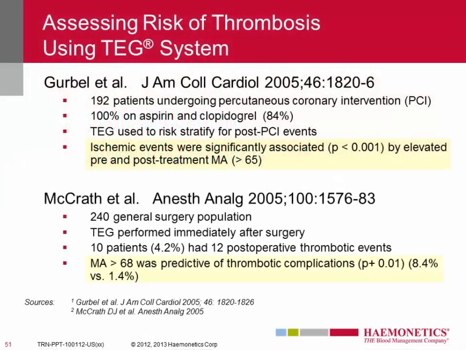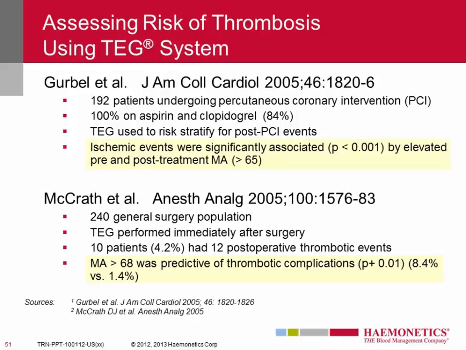Risk stratification with the TEG analyzer, we're going to touch upon this. Assessing risk for thrombosis, and this will help address your chemotherapy patients a little bit. Goebel, who is an interventional cardiologist out in New York, and McGrath, also an interventional cardiologist, are looking at ischemic events and how well TEG is able to help identify patients at risk for ischemic events.